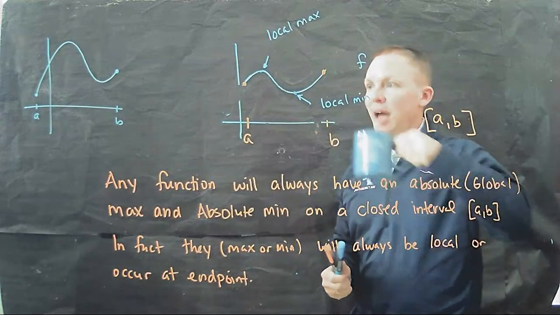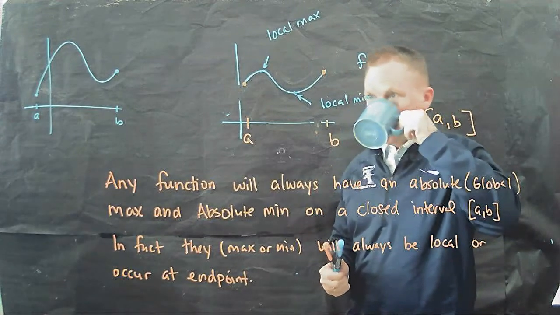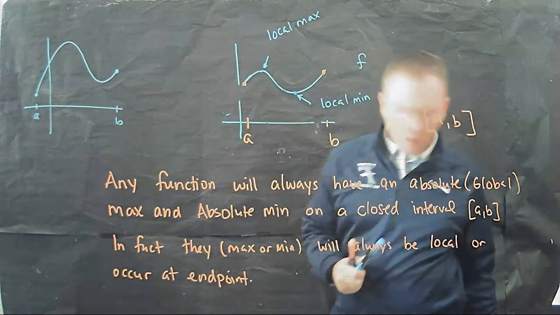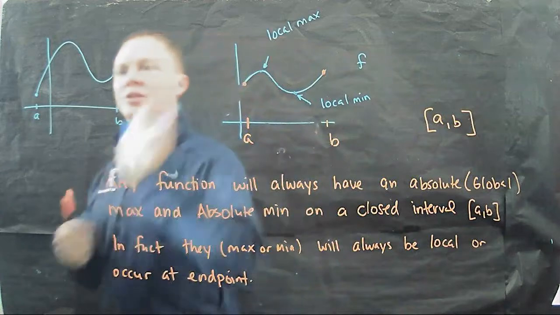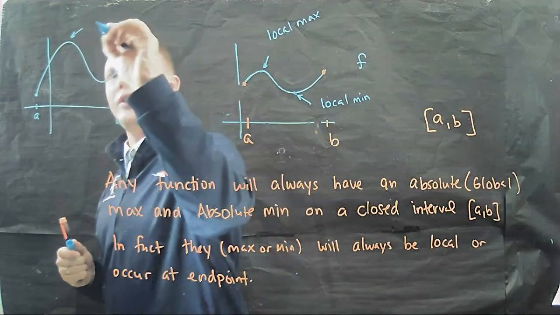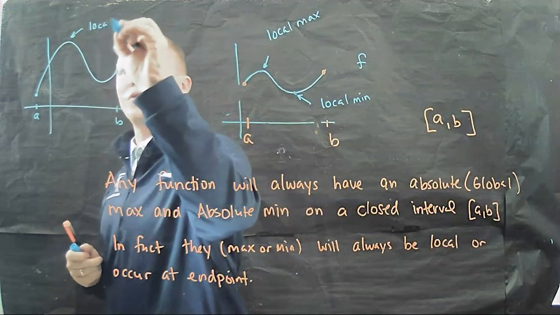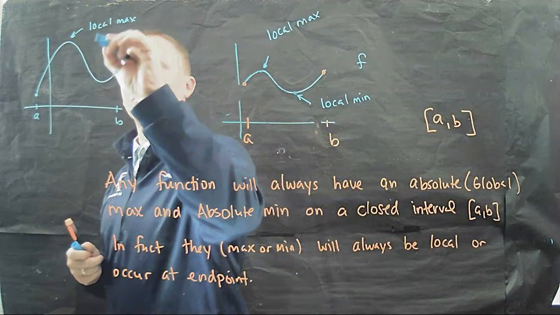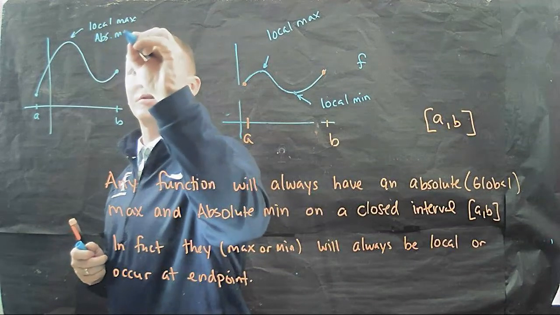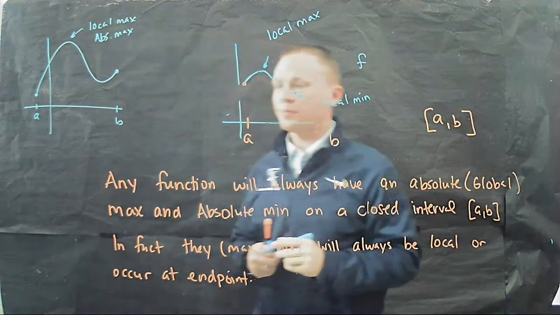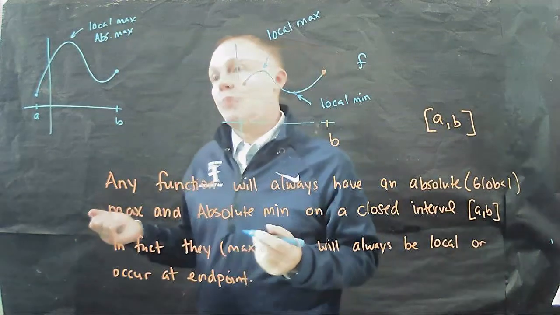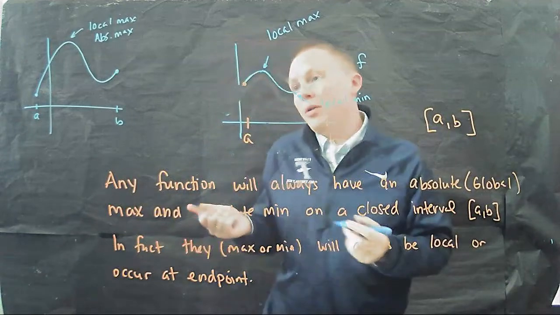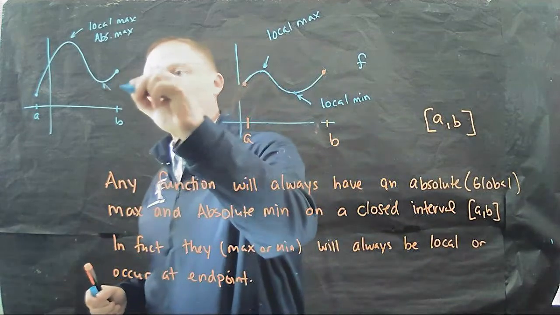What's the absolute maximum of that function? Well, the absolute maximum happens to be right here at the local max. So this is a local max, but it's also an absolute max. Okay? What's the absolute minimum? Okay, well, here's a local min, right?